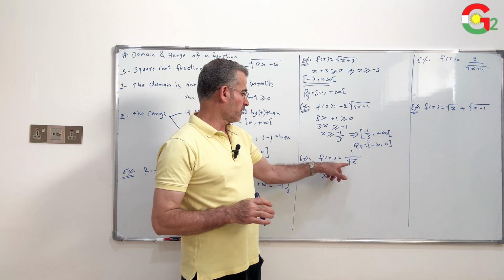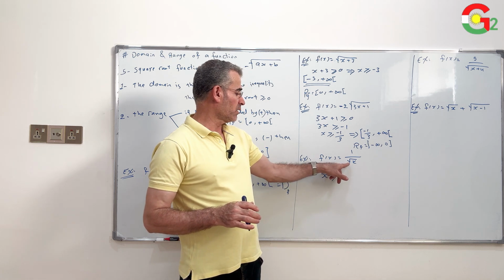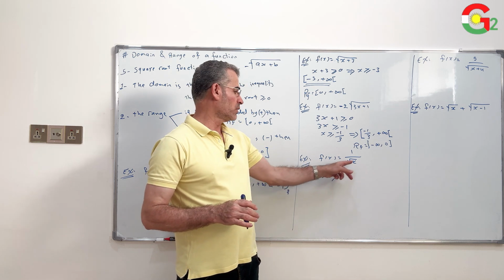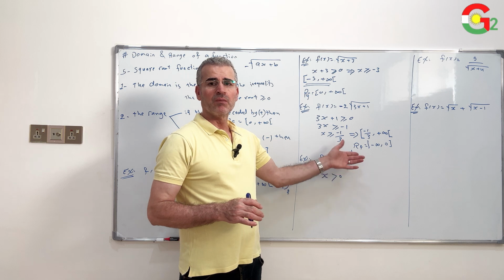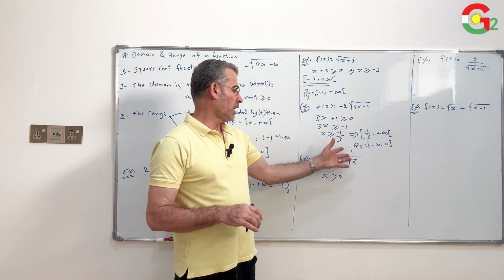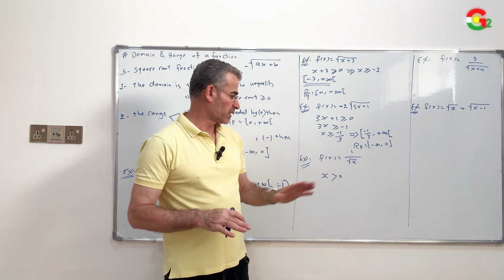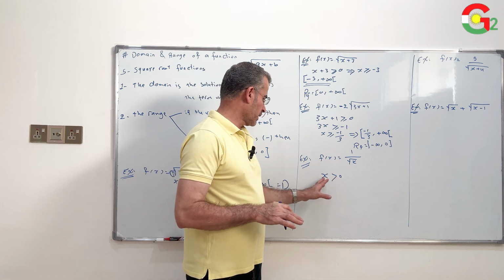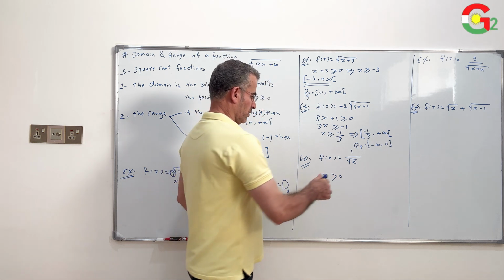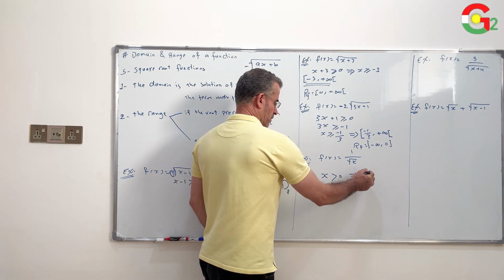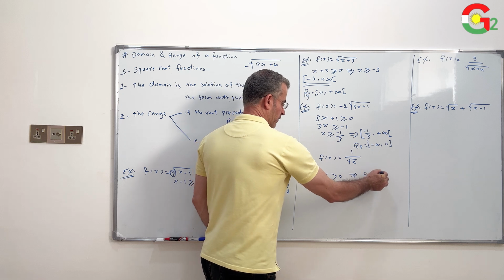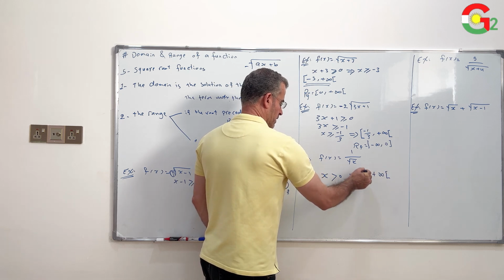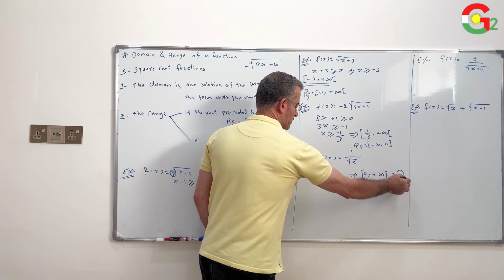If the root is in the denominator, I cannot write equal because 0 makes the denominator 0 and f of x is undefined. Then I set x greater than 0. X greater than 0 means 0 to positive infinity. This is the domain of this function.